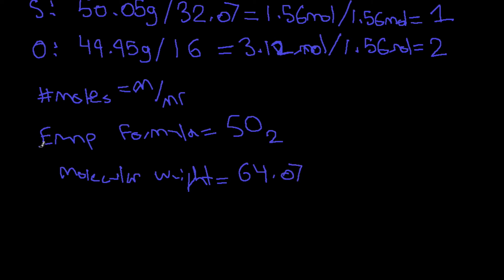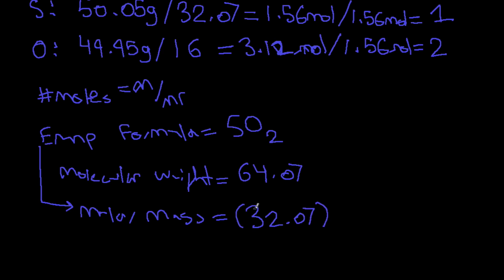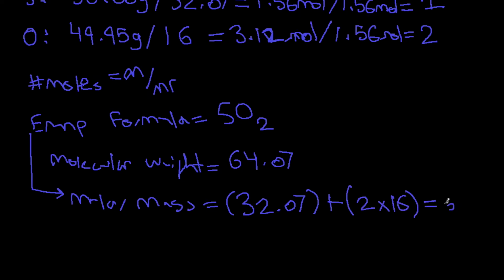First thing you're going to want to do is calculate the molar mass for the empirical formula. So just using our values from the periodic table, we get 32.07 plus 2 times 16, because we have 2 oxygen atoms, and that's going to give us 64.07.